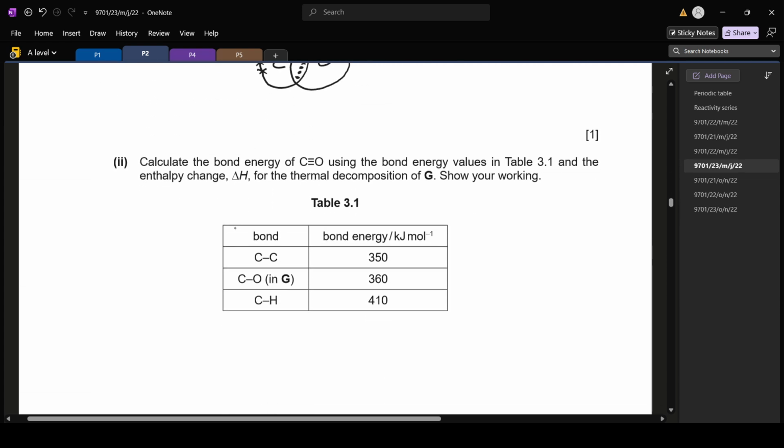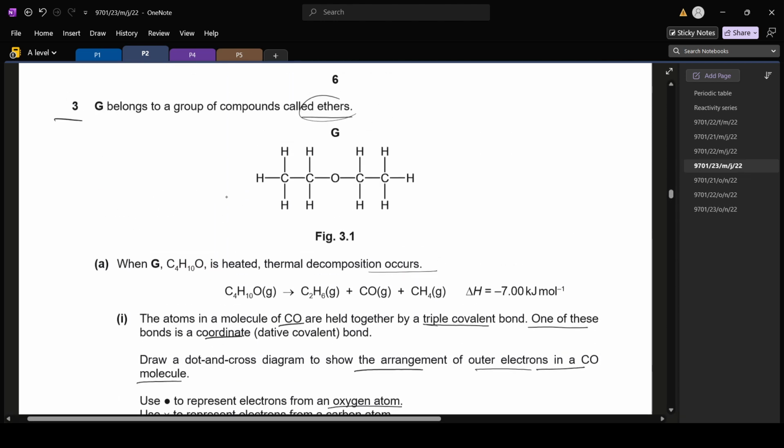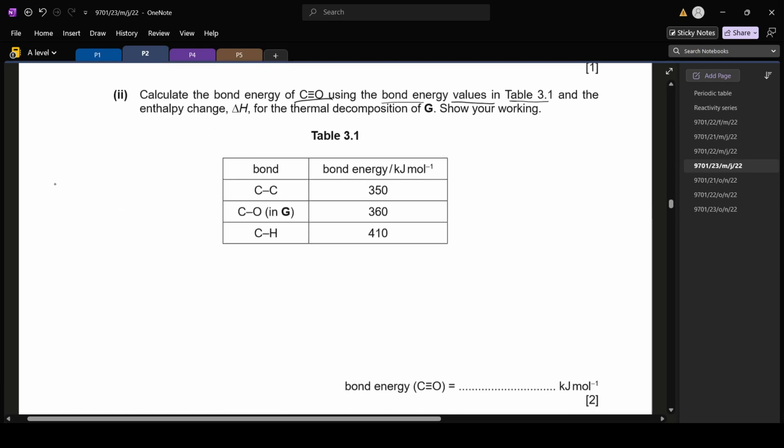Calculate the bond energy of carbon monoxide using the bond energy values in table 3.1 and the enthalpy change for the thermal decomposition of G. We are given some of the bond energies and the structure of ether G. So I'm just drawing the structure here.